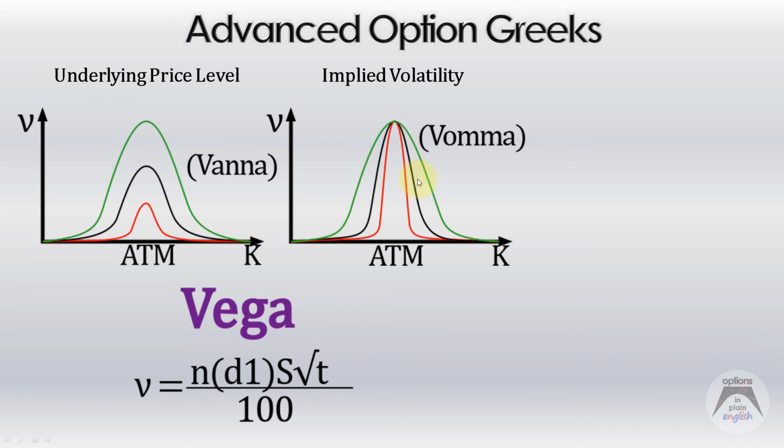Not every trader is aware of this, but as implied volatility goes higher, it's going to push the values of Vega for out of the money options higher, but not the at the money. The at the money is constant for all the values of implied volatility. So if you have more or less implied volatility, the at the money value of Vega is going to be roughly constant. But the out of the money values of Vega are going to start going higher.